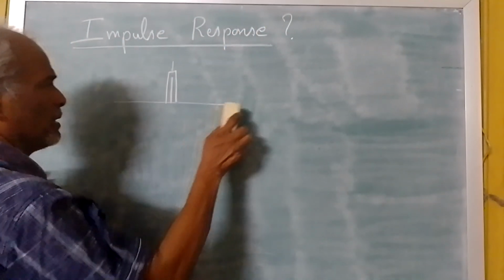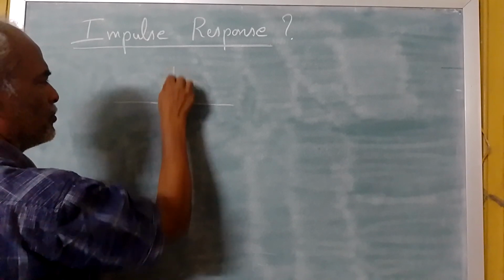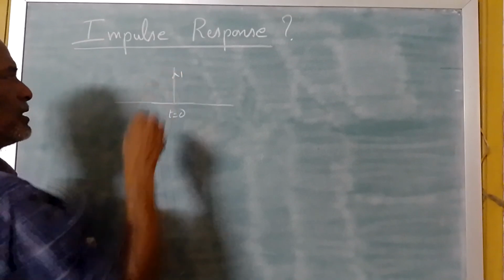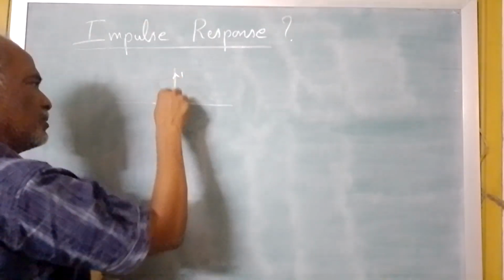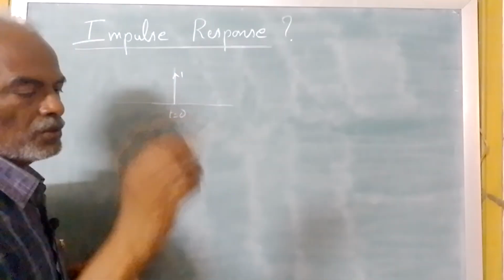In the ideal case, at t equal to 0, you see a unit impulse, meaning magnitude 1. At t equal to 0 you see the amplitude, and the next moment, within no time, it comes to 0.